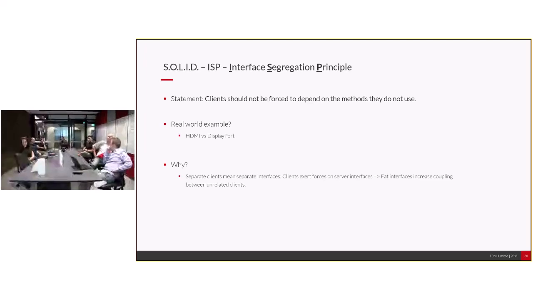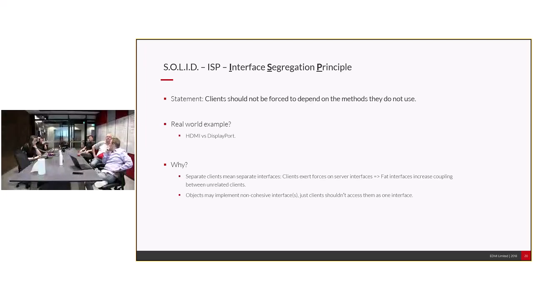This is essentially how well you're shielding your other clients. The client who implements the HDMI port is not affected by changes to the display port. But if you mix the two, you might change something in the display port and HDMI port, and all your clients now need to refresh with the new specifications. So it's sort of a mess.